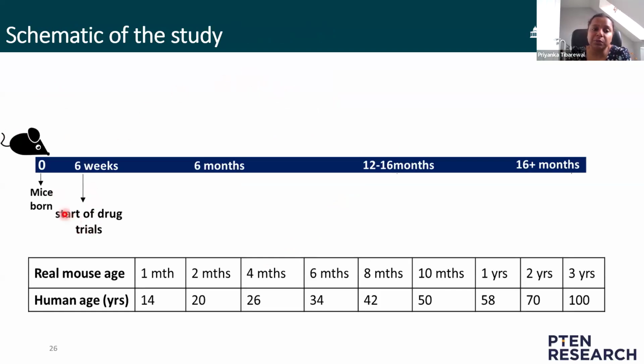Once the mouse is about 6 weeks of age, which is similar to about 18 years of age in human years, we start giving it this medication. The medication is given for the rest of its life. And then we look at various things, such as: do the tumors occur later in life, and does it reduce the grade of the tumors?